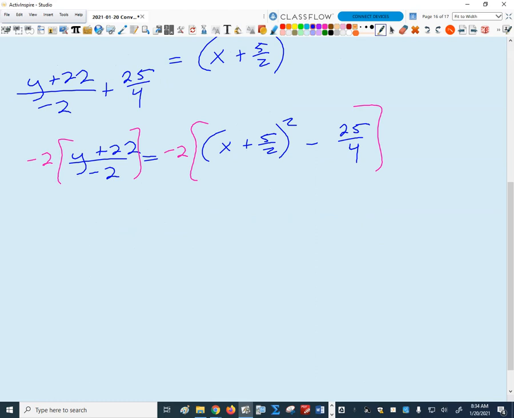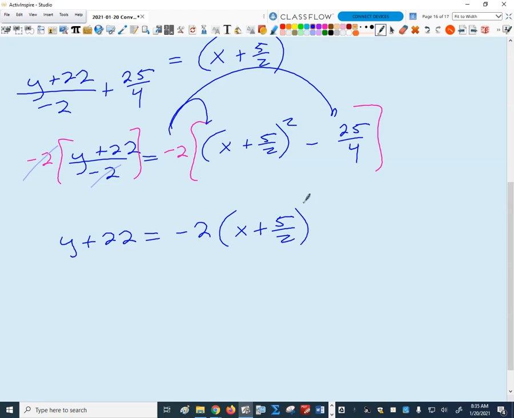And that's going to give us, we get cancellation, right? So that's going to give us y plus 22 equals, when I distribute this to both terms, I'm going to get negative 2 times this quantity plus negative 2 times that number. So negative 2 times the quantity x plus 5 halves squared.